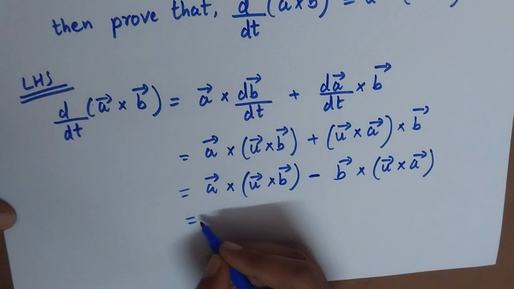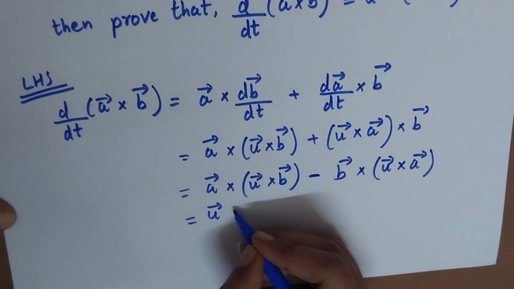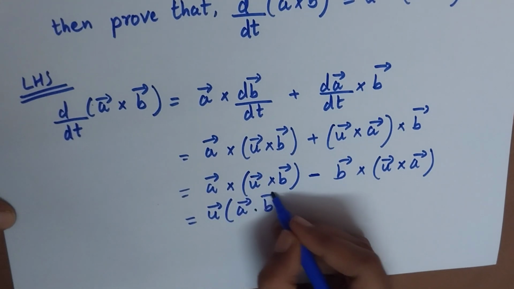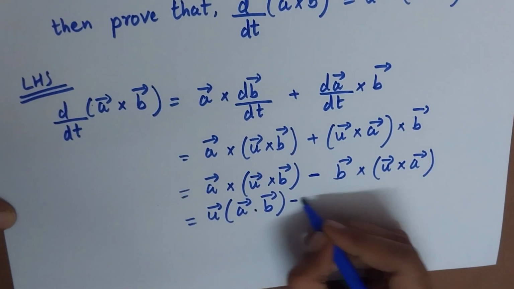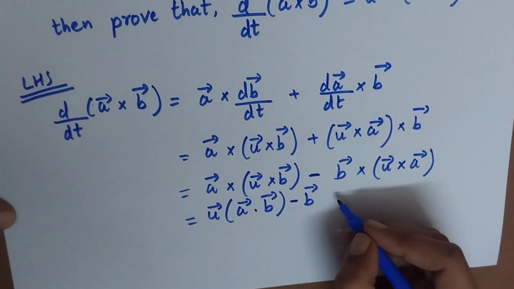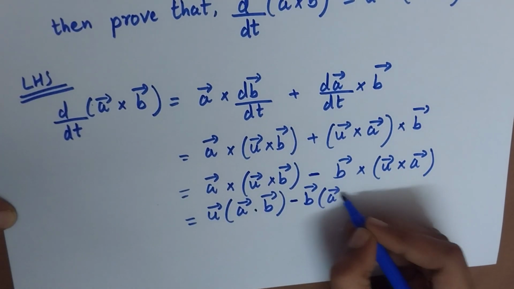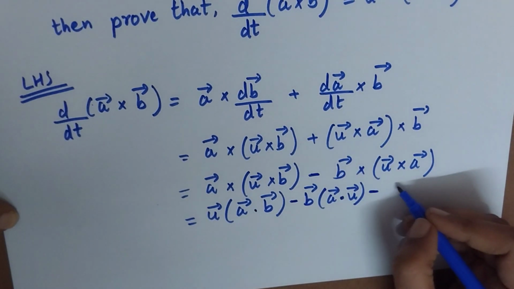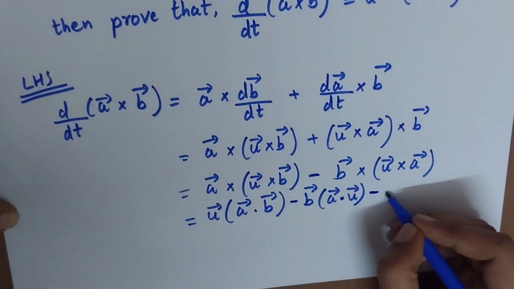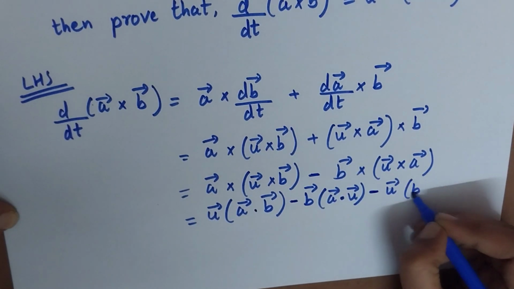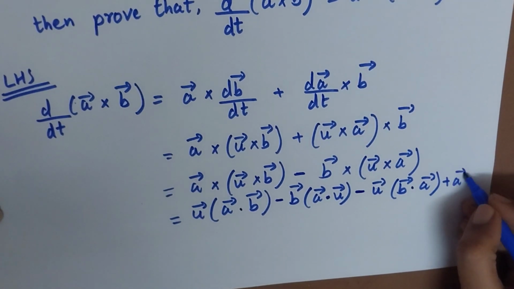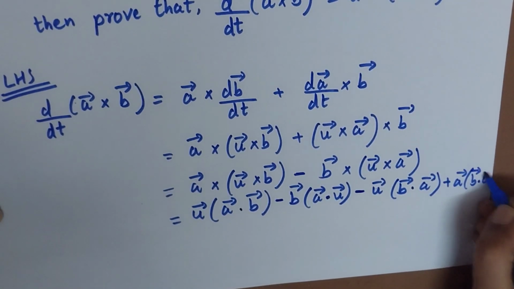We will get u times (a dot b) minus b times (a dot u), minus, when you expand this, u times (b dot a) plus a times (b dot u).